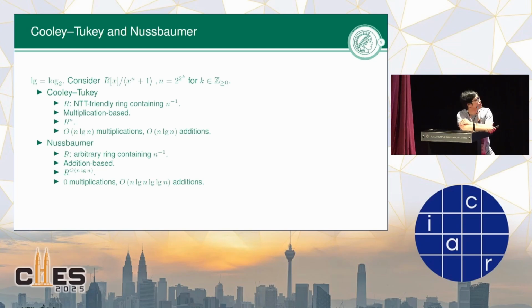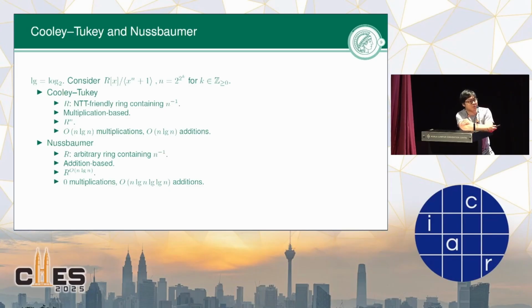For Cooley-Tukey NTT, it asks the coefficient ring to be an NTT-friendly one containing the inverse of n, applies a bunch of multiplications, and transforms the polynomial ring into n copies of the coefficient ring. During the transformation, in a little more concrete analysis, we need order n log n multiplications and order n log n additions.